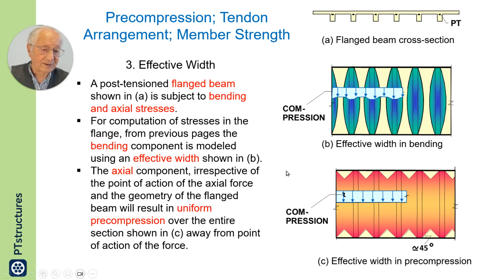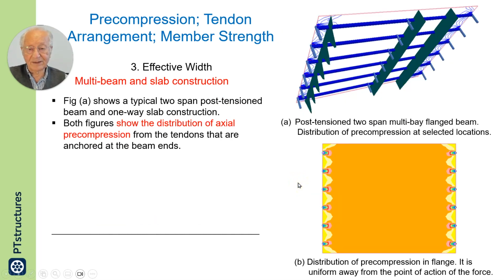Often the tendon is anchored off center, but the axial is uniform. The two images illustrate that for bending you have a given effective width, you do not have that for axial.